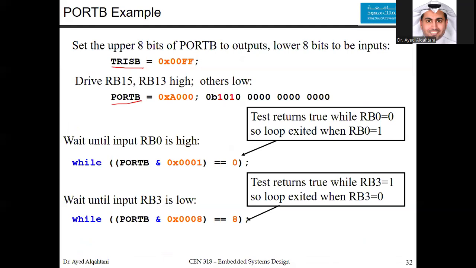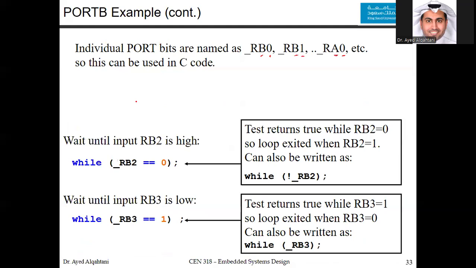That example that we've explained was for the whole port, and this one that we will explain now is for a single bit. So here in the while loop, we say _RB2 equal to 0. So you will be stuck within the loop as long as port B at bit 2, that pin in the microcontroller, is equal to 0.